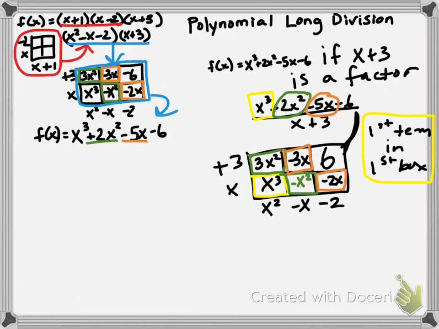It won't always match; we'll see in some other examples what happens when it doesn't. What I have just found out is that the answer to this division problem is x squared minus x minus 2. Okay, let's do another example.